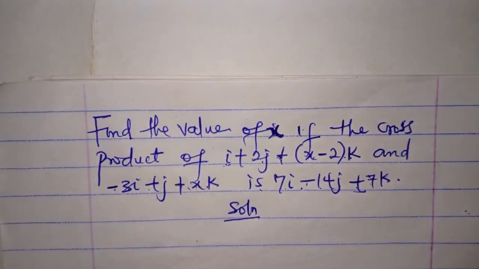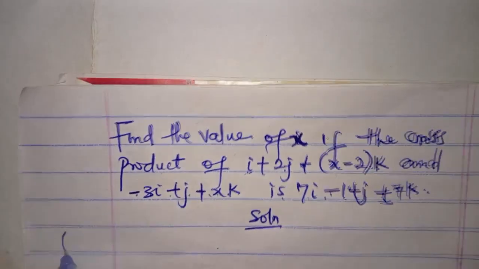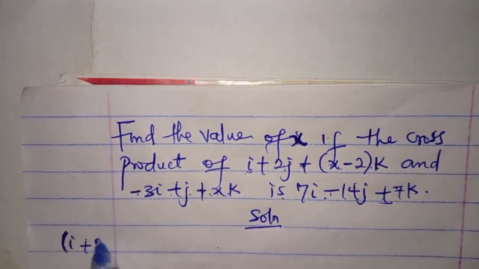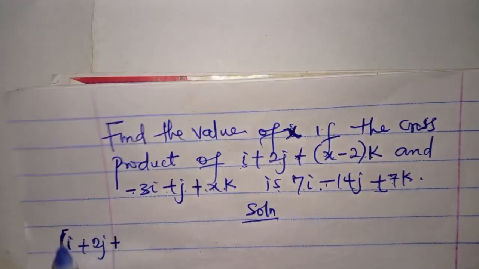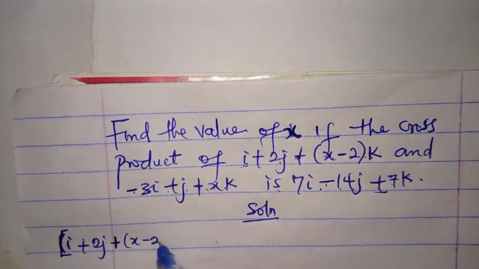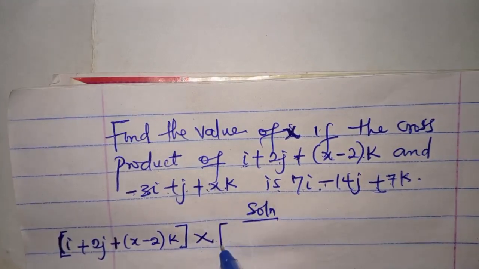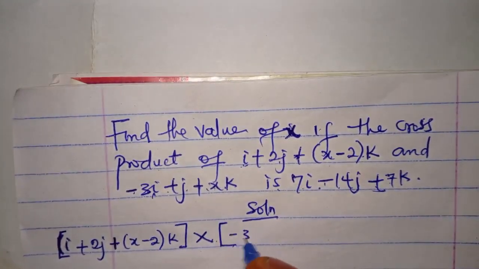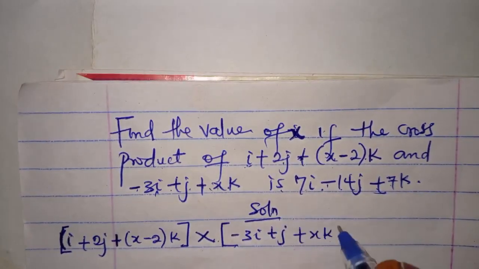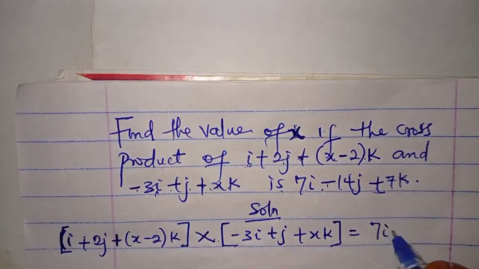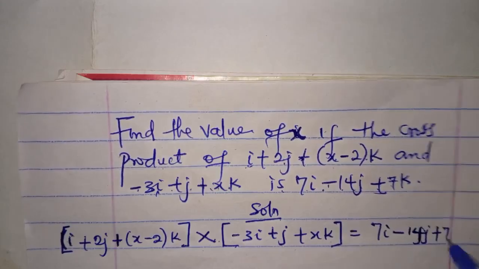So from the question, we have that the cross product of this and this, which is i plus 2j plus (x minus 2)k, cross, it is a cross product, minus 3i plus j plus xk, is equal to 7i minus 14j plus 7k.